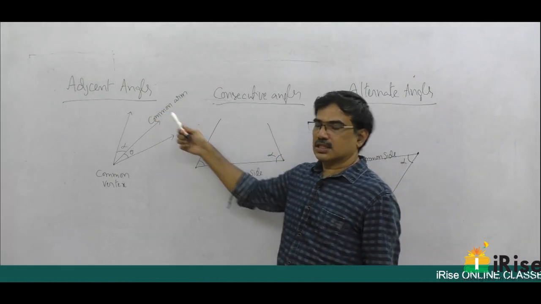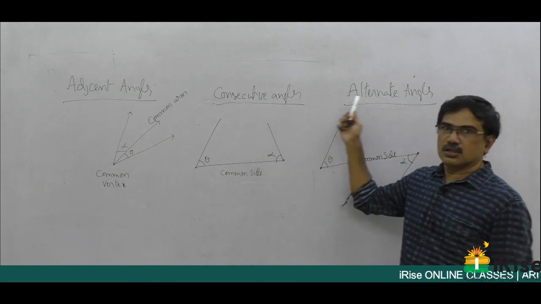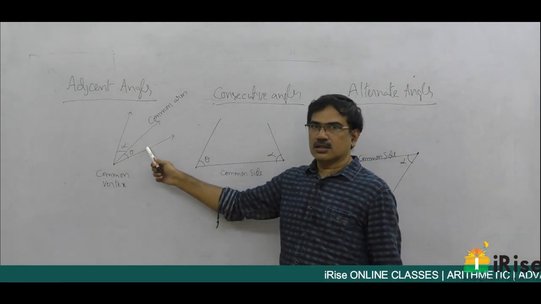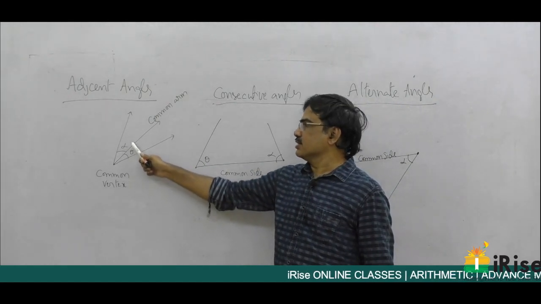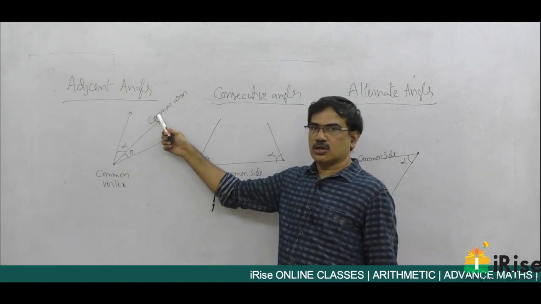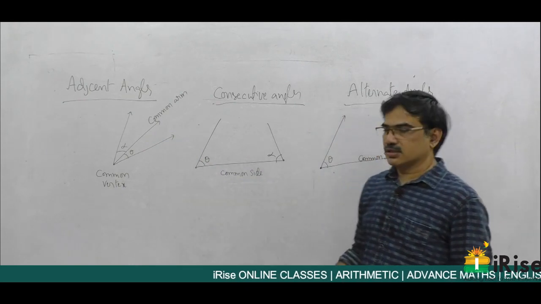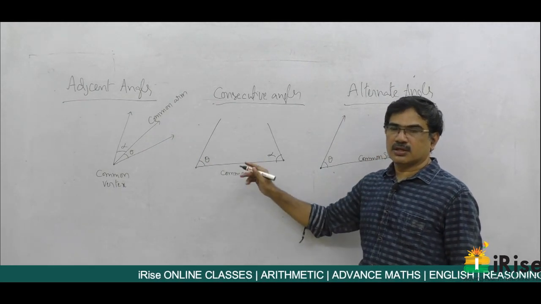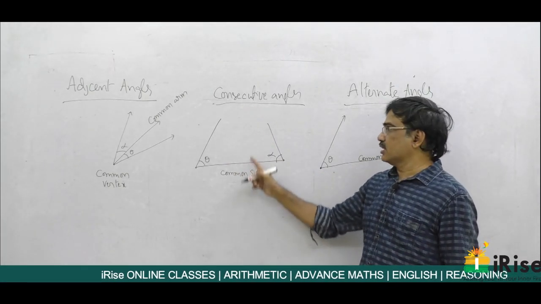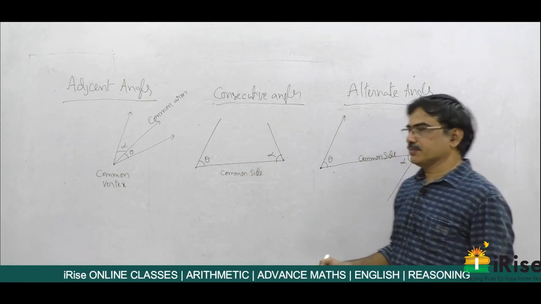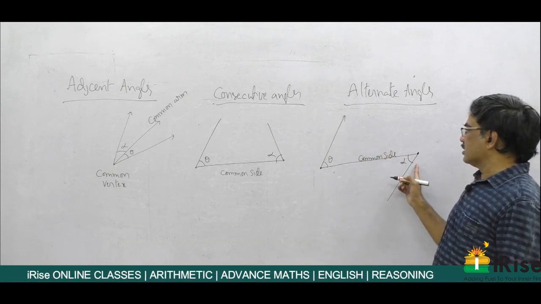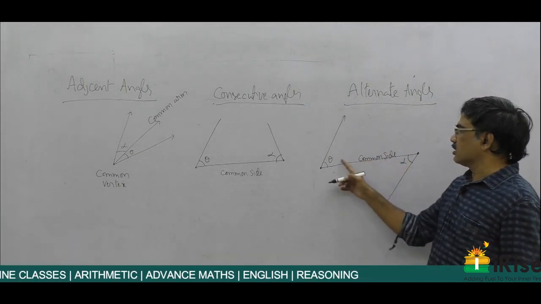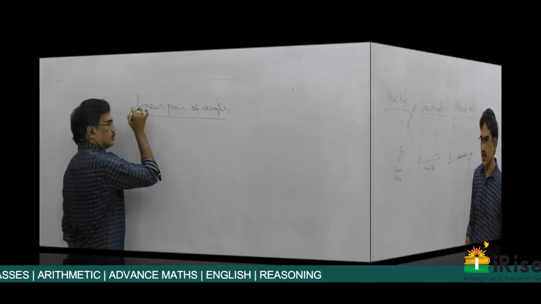Adjacent angles, consecutive angles, alternate angles. Two angles having a common vertex and common side are called adjacent angles. Two angles having different vertices and both on the same side of the common side are called consecutive angles. Two angles on either side of the common side having different vertices are called alternate angles.